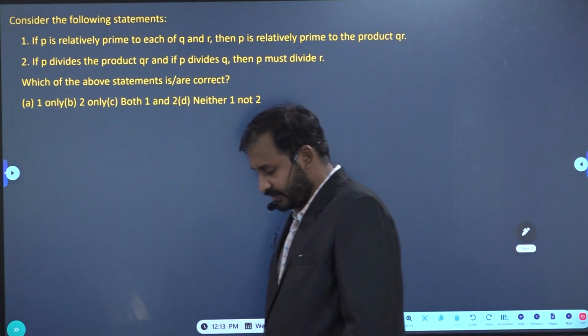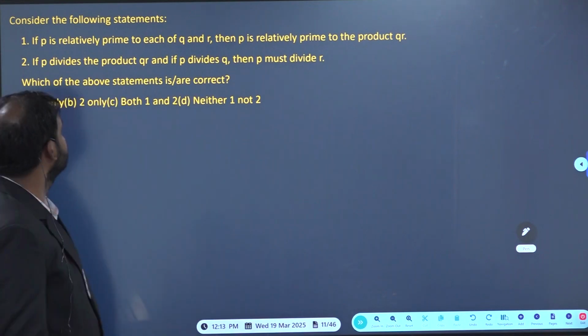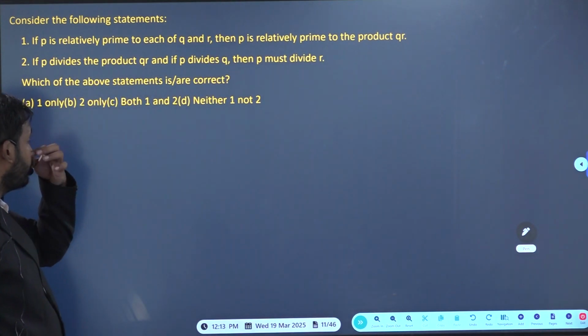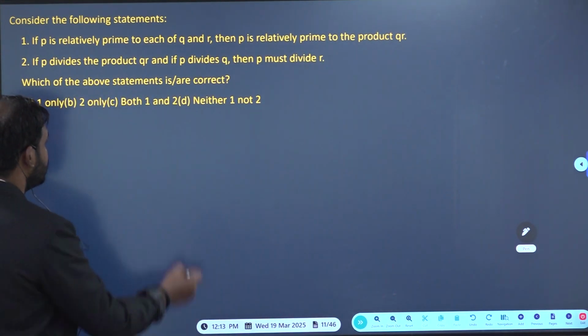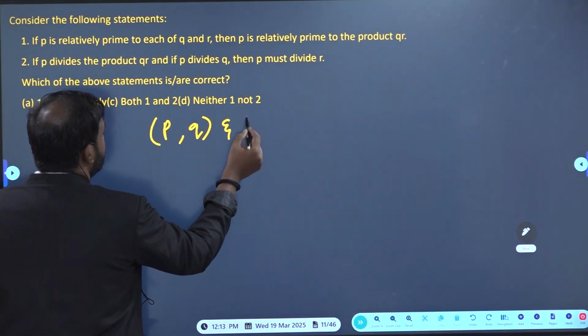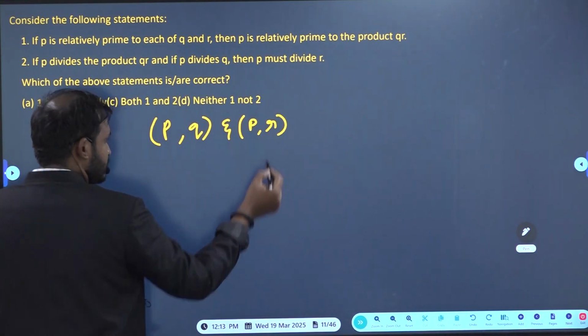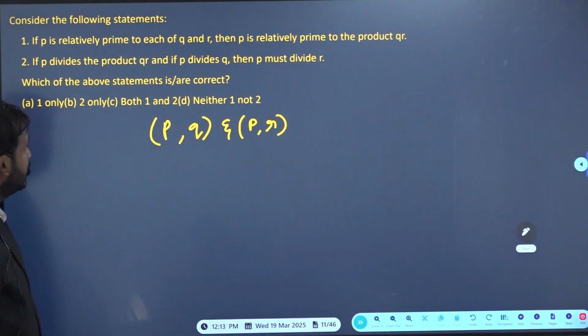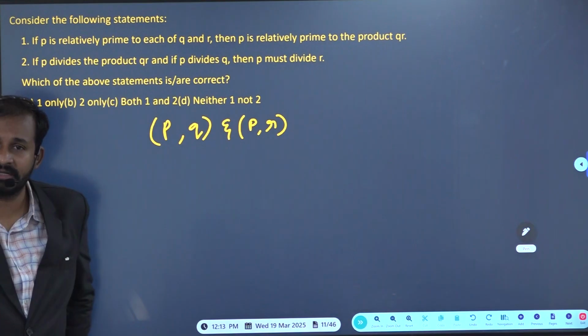Consider the following statements. If P is relatively prime to each of Q and R, that means P, Q are co-primes and P, R are also co-primes. That is what they are telling. Then P is relatively prime to their product.